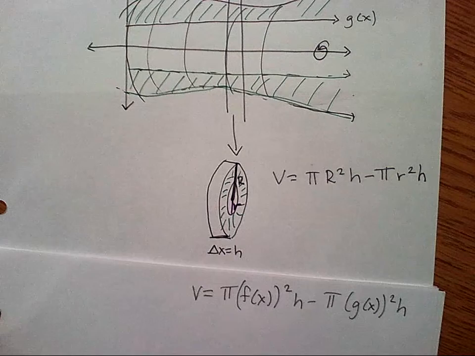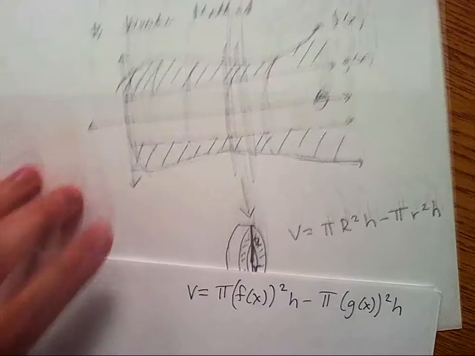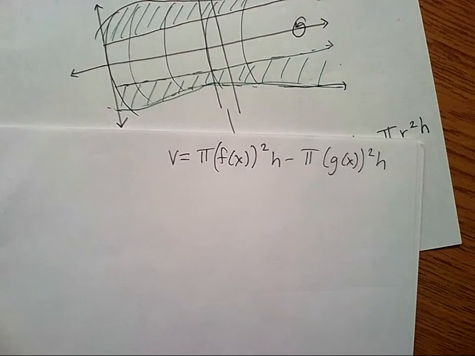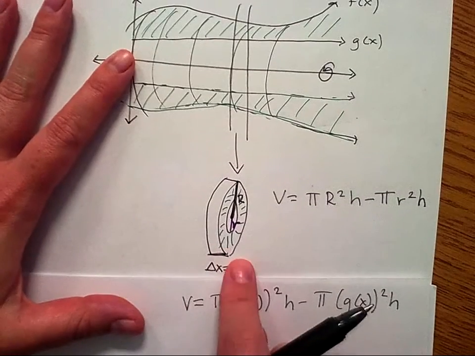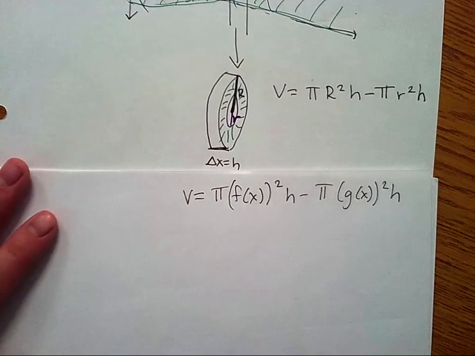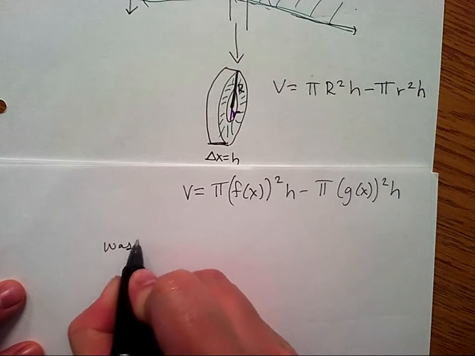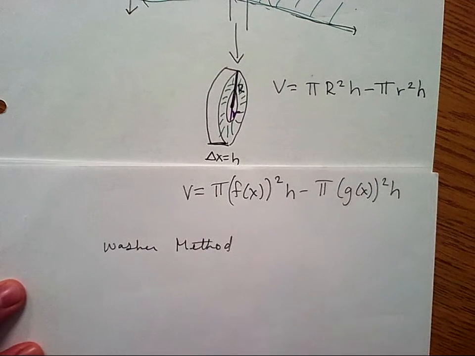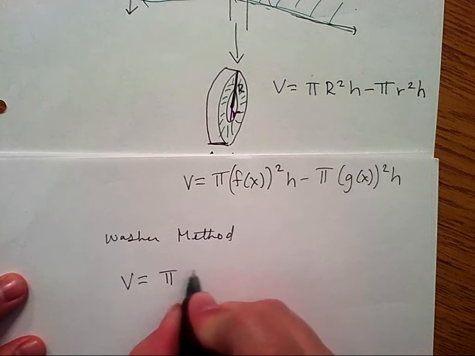Okay, so we could do all that limit stuff, right? How we did before, we could write it as the limit of the summation of the cylinders, then take the limit as delta x goes to 0. But from all that, we're going to get the washer method. And that formula is the volume equals pi, right?